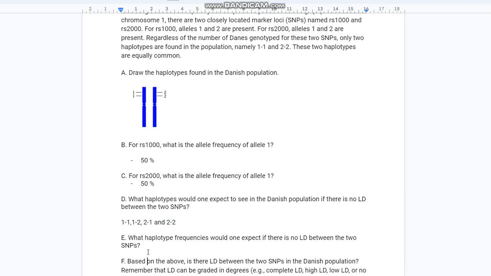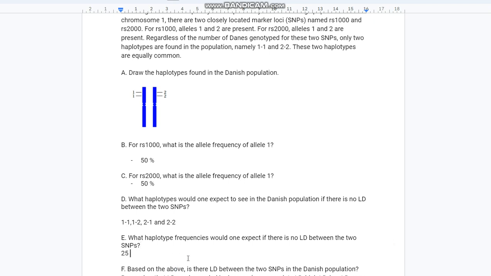Now, what haplotype frequencies would we expect if there is no linkage disequilibrium between the two SNPs? Remember, if the allele frequency is still 50% and there is no linkage disequilibrium, the frequency would be 50% times 50%, giving you 25%.